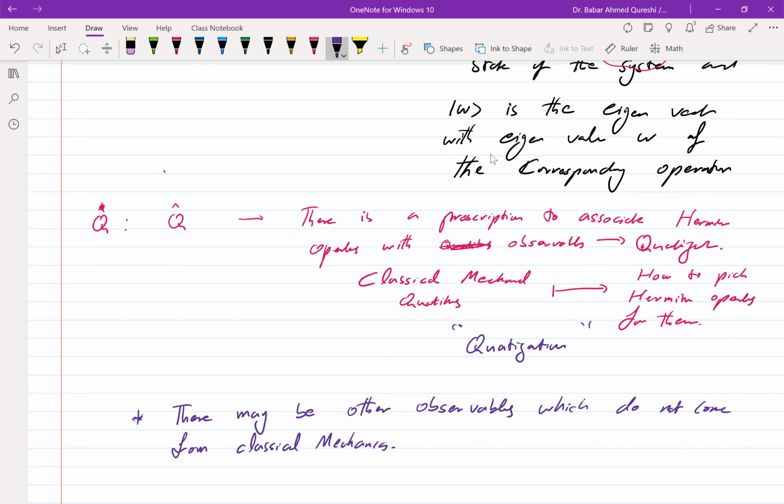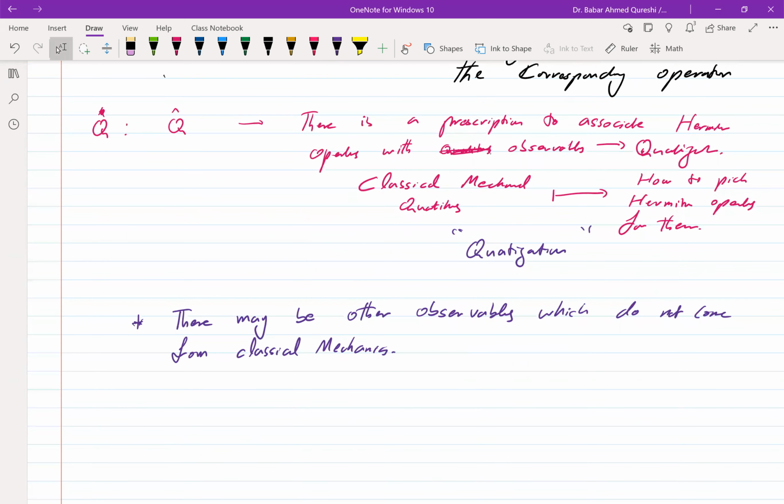The idea is not even there in classical mechanics. So in a sense, it's more like an experimental situation. You want to realize what kind of observations are possible to describe your system and what are the appropriate Hermitian operators.